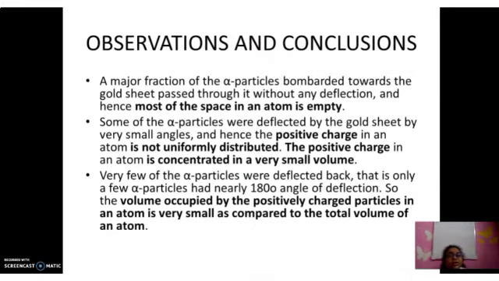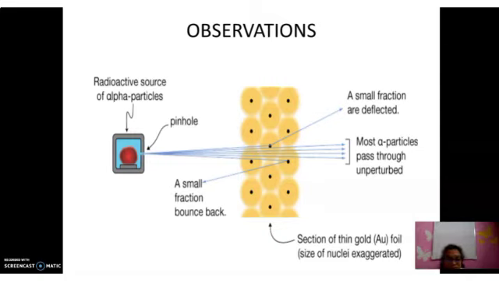So what can we conclude from these observations? There are 3 types of alpha particles. The first one is most of the alpha particles were passed without any deviation. From this, he identified that most of the space in an atom is empty. If you observe this picture, you can see the alpha particles moved without any deviation, passed through empty space.